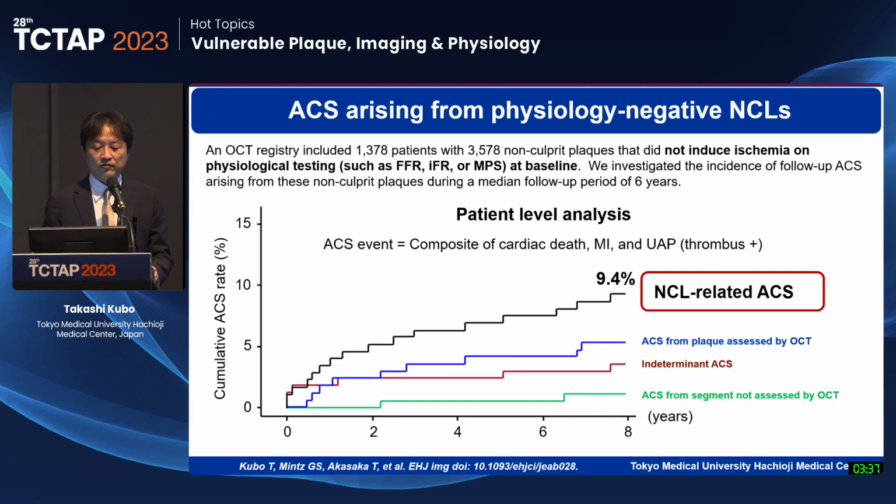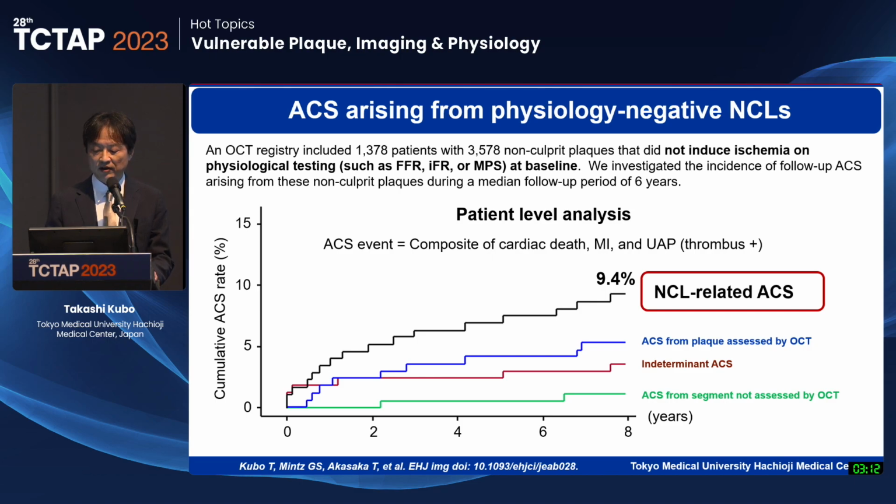So we have an OCT study in a single center, including 1,378 patients with 3,578 non-culprit plaques that did not induce ischemia on physiological testing, such as FFR, iFR, or MPS at baseline. We investigated the clinical outcome at a median follow-up period of 6 years.